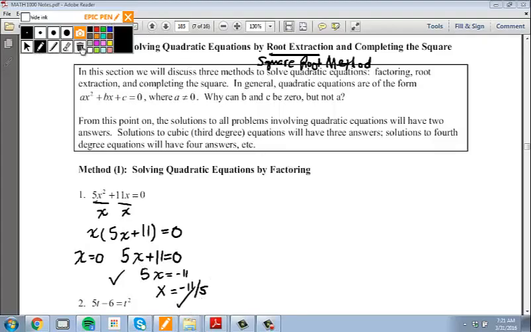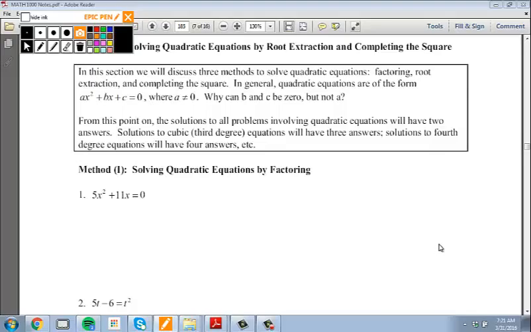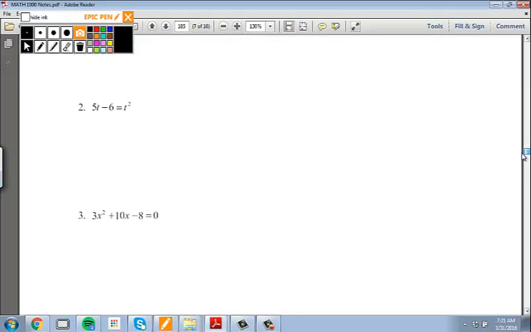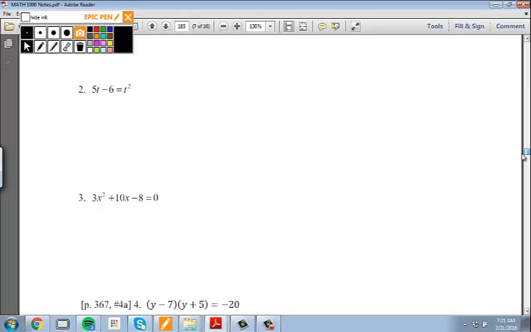Alright, so that was a brief review of an easy one, as long as you remember to factor out the GCF first, but they're going to get more difficult. Hopefully not that much more difficult. So let's look at number 2. Again, we need to make sure that we set it equal to 0, so I'm going to subtract the 5t and add the 6.